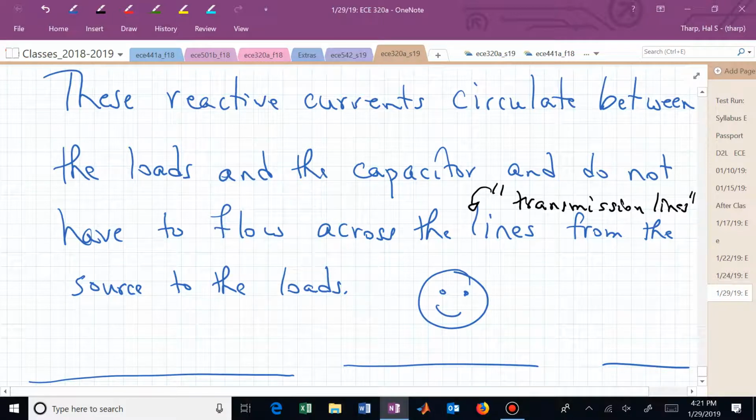It's pure negative. In reality, it might introduce some real part. It may dissipate some power, but for this analysis, the C was a pure C. It gave us complete vertical direction, and now we use that to exactly cancel the inductive component, or the lagging component, or the positive reactive power in loads 1 and 2.